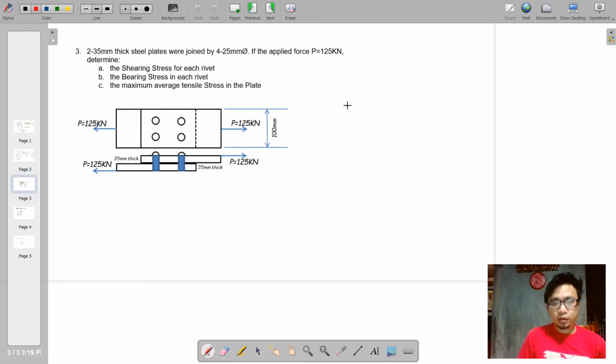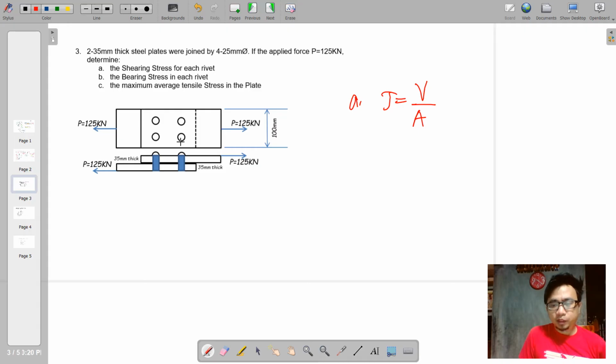So letter A, shearing stress in each of the rivet. So tau is equal to V all over A. So what we do is, of course, say I'm going to use this illustration for my free body diagram.